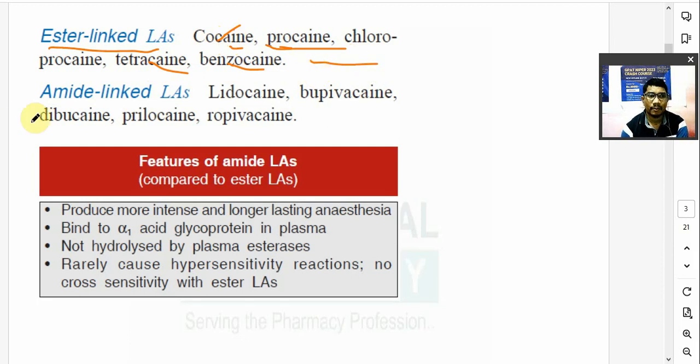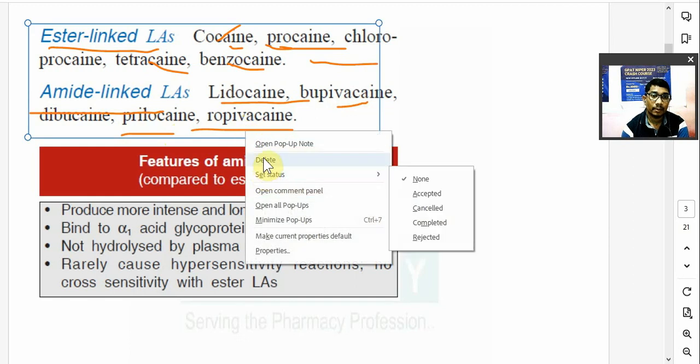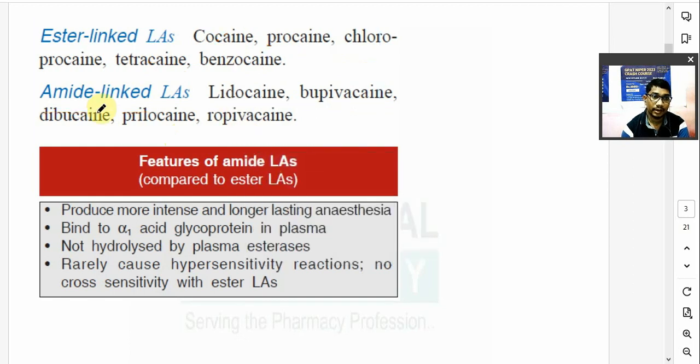Now which are the amide type of local anesthetics? Lidocaine, bupivacaine, dibucaine, prilocaine, and ropivacaine. These are the amide linked local anesthetics. Lidocaine out of these is the most widely used local anesthetic.